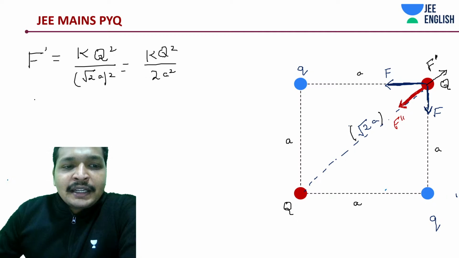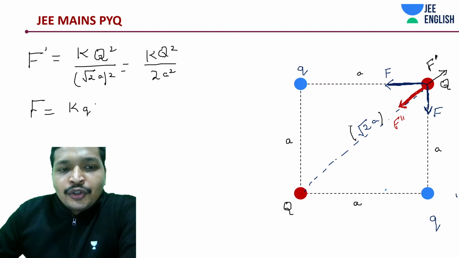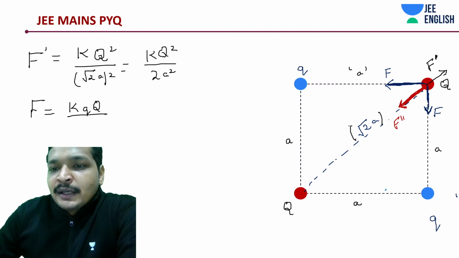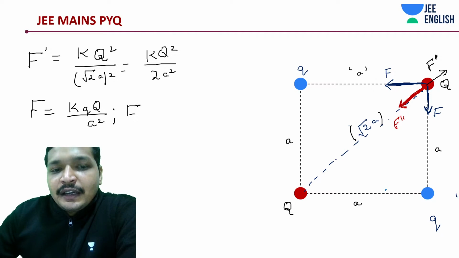So f's magnitude is how much? K into q into capital Q divided by the distance between them, which is a square. And that way f double dash is going to be how much?